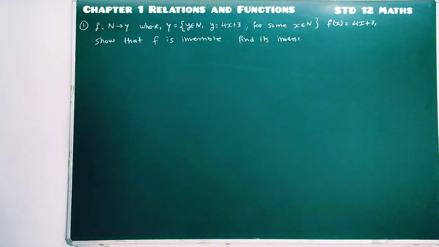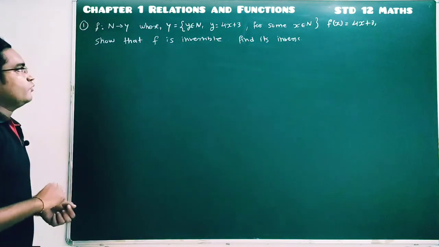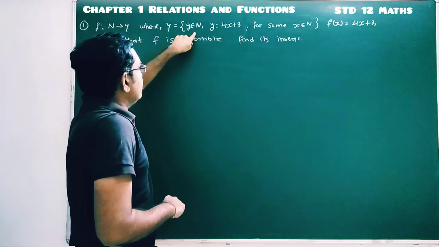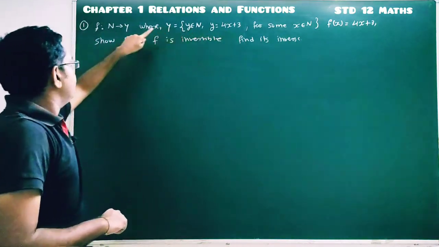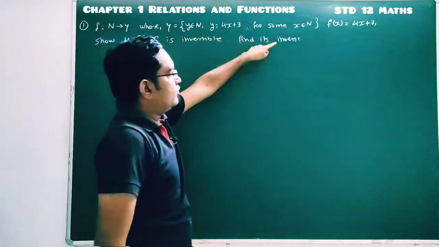Okay friends, now this question, example number 23. So here function f from N to Y is given, where Y is defined as y belongs to natural numbers, where y is always equal to 4x plus 3. What is x? x is the input of this function from this domain, where x belongs to natural numbers.